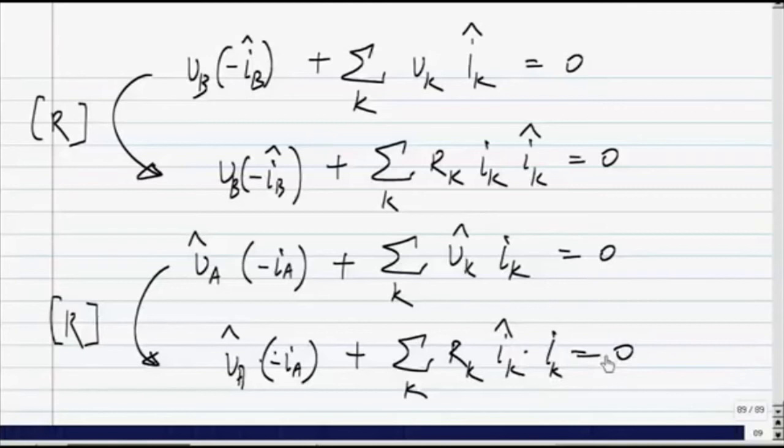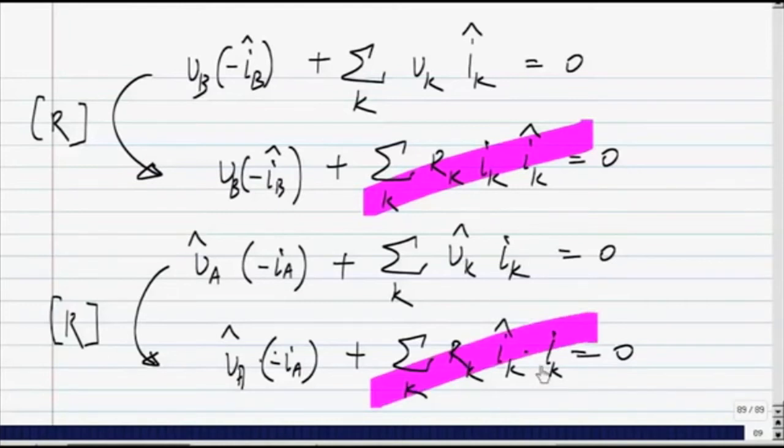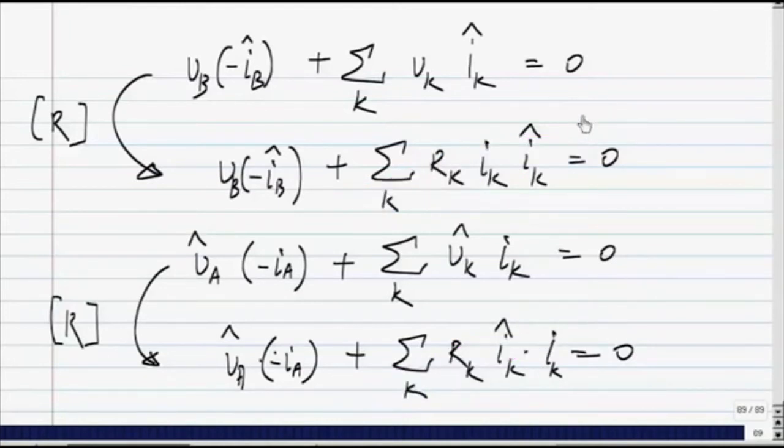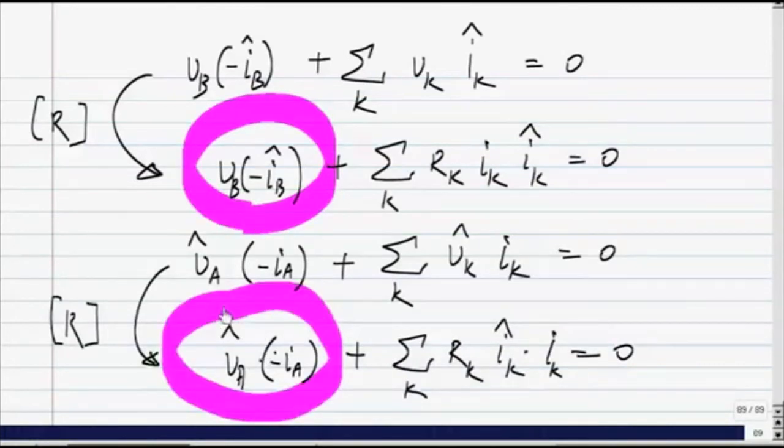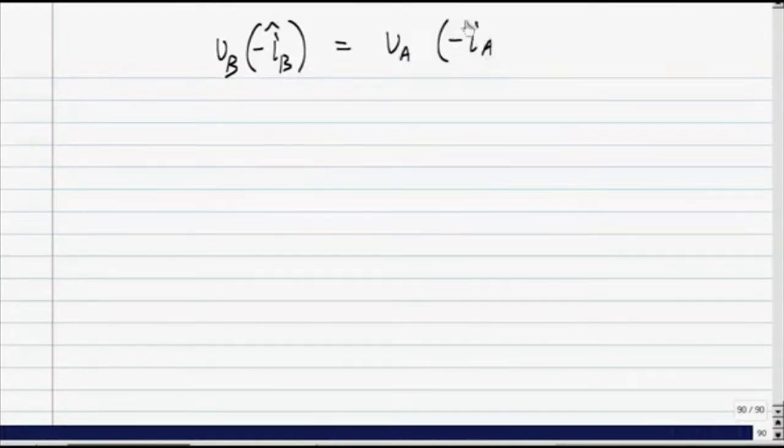So what do you get from these results? Clearly this part is common to the two equations, right? So this has to be equal to that one. Okay. I can of course now remove the minus signs.